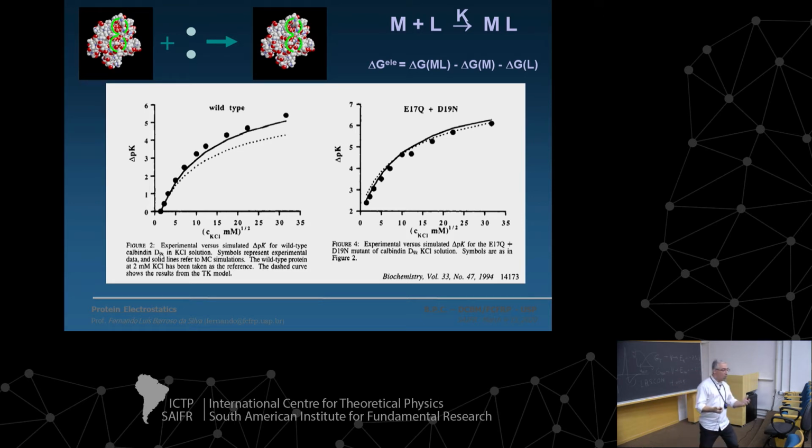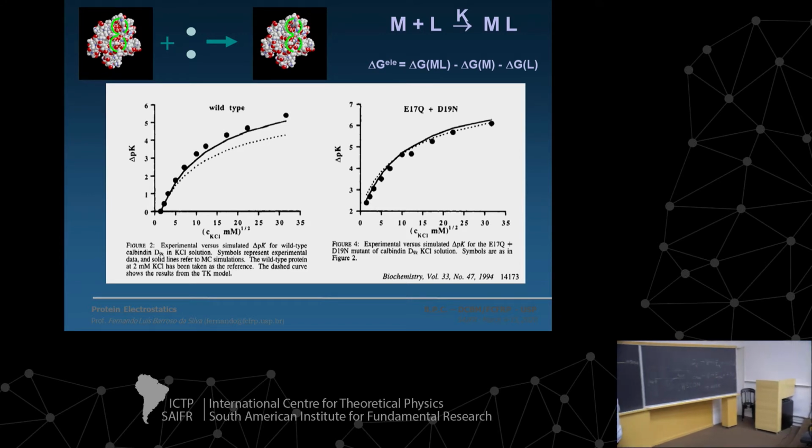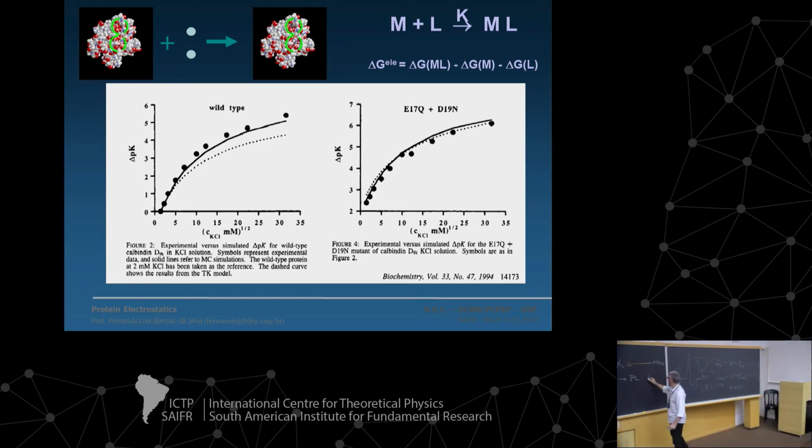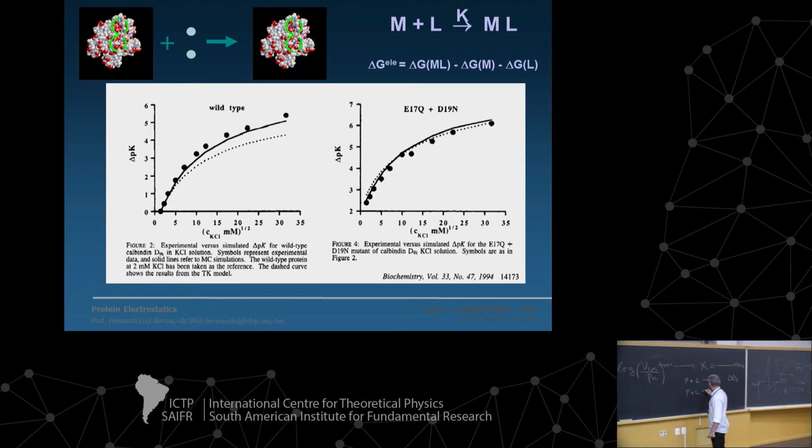But if I know how to do this in a given condition, let me use the board here. For instance, I have my protein plus my ligand, and they form a complex. For this, I have a free energy associated with this process. Let me call this delta G1. Then, if I change, I can make a mutation.